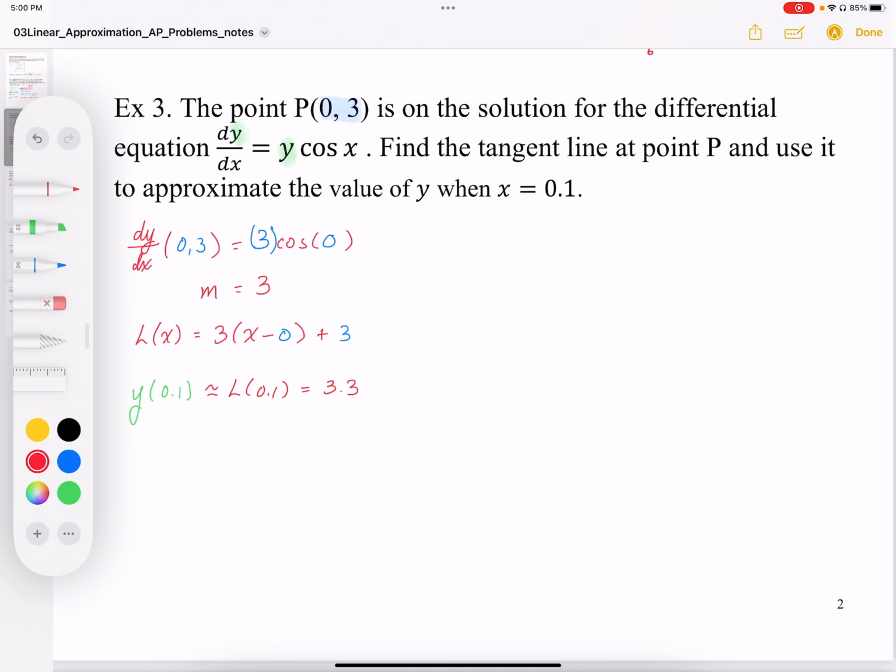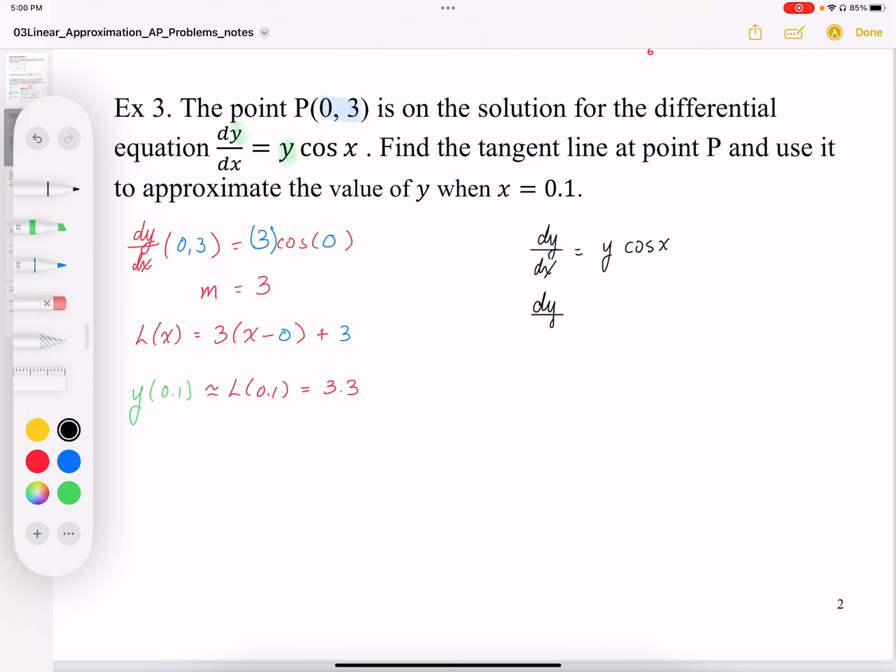Now, the problem does not ask me to solve for y, but we can solve for y because we can separate this and integrate it. So this is a separable differential equation. So dy/dx is equal to y cosine x. Then we separate our y's with our dy.